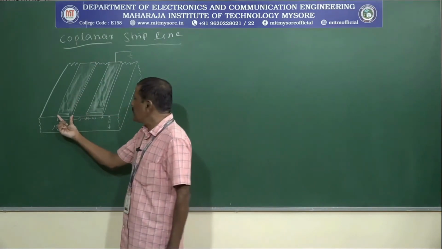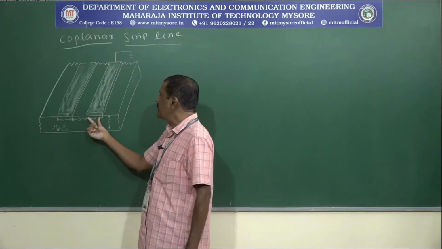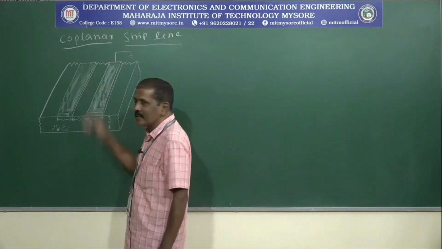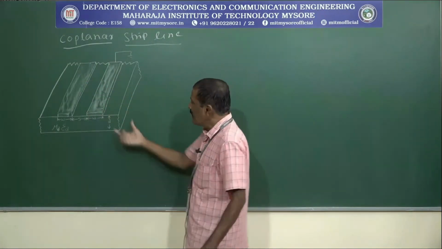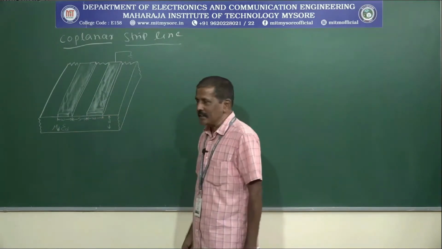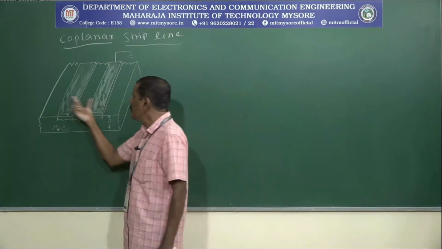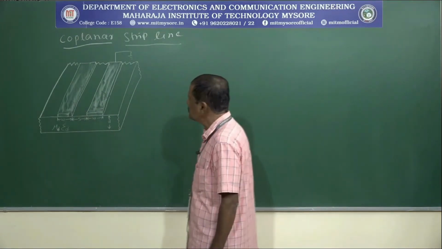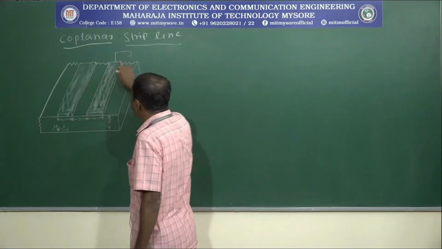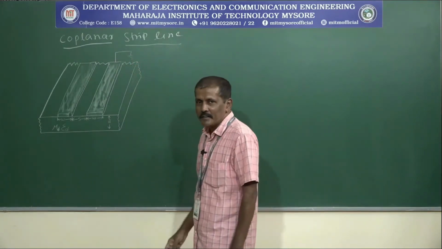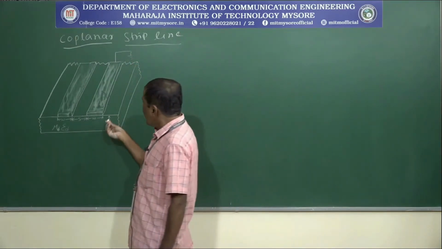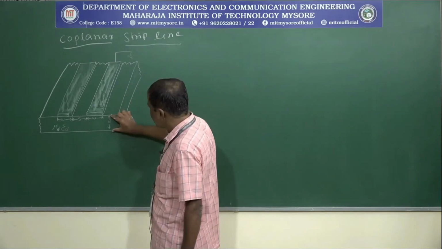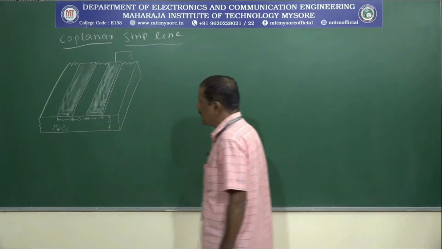This plane has a width w and this plane has a width w, and these two planes are fabricated on a dielectric substrate, separated by a certain distance, and out of the two plates one plate is grounded. The depth of this dielectric substrate is represented by d.